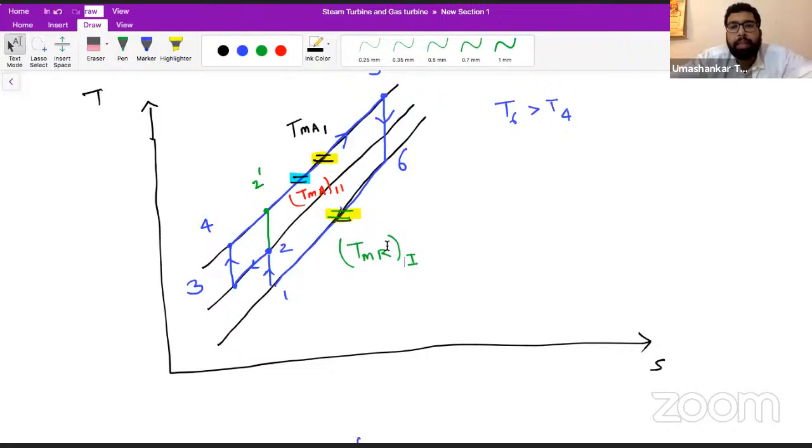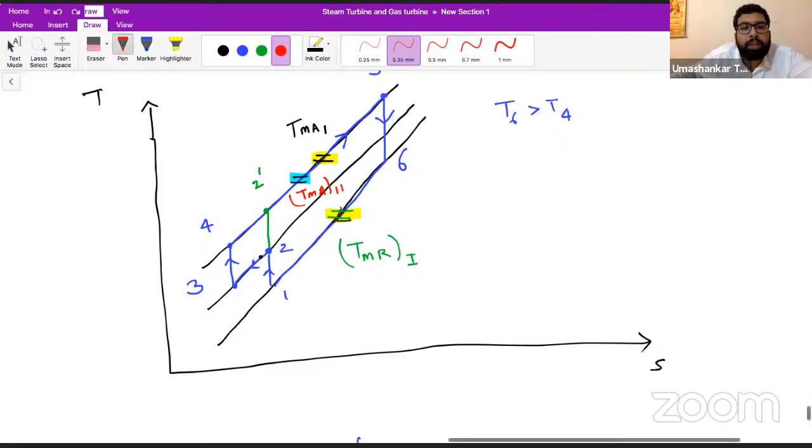Now, if I see the intercooling cycle, some people may get confused: sir, with intercooling also, this is going to remain the same. I want to tell you, this is not going to remain the same. Why? Because in intercooling, heat rejection is taking place between 2 and 3 also, and we have this 6 to 1 also.